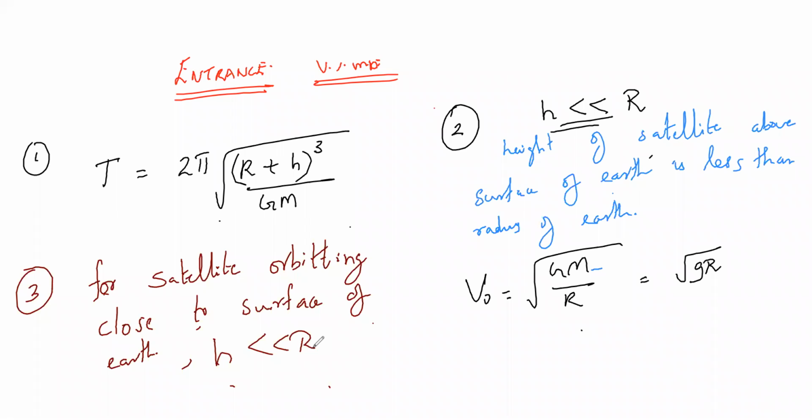Time period is equal to root of 3 pi by G rho. And the third one is only asked for JEE Advanced. The other two formulas are also asked in CET or NEET.